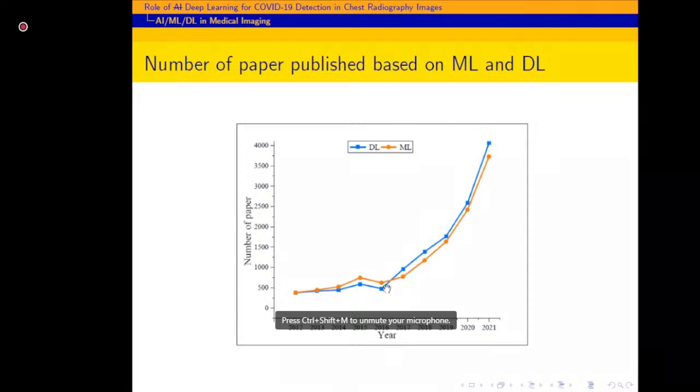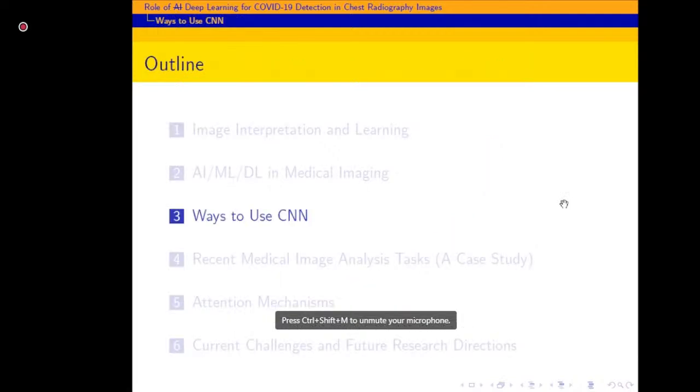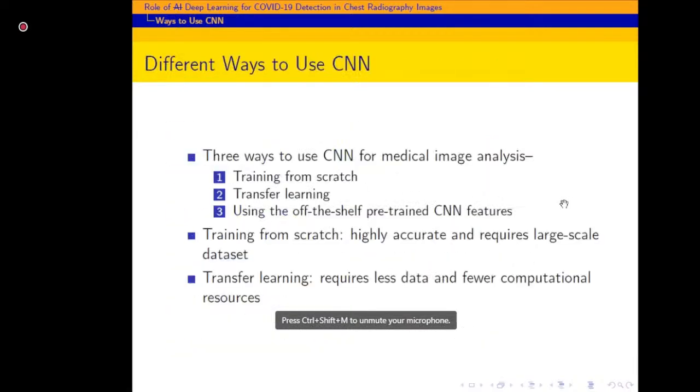Just after 2016, the number of papers based on deep learning is higher compared to machine learning. It seems that people have shown a lot of interest in applying deep learning algorithms rather than machine learning algorithms nowadays.